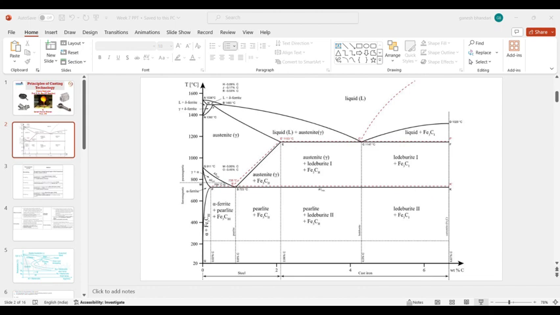Cast irons can be of different types. It can be malleable cast iron, spheroidal cast iron, or maybe graphitic cast iron. Whatever type of heat treatment you are going to give, you have to decide the temperature range according to this iron carbide phase diagram.